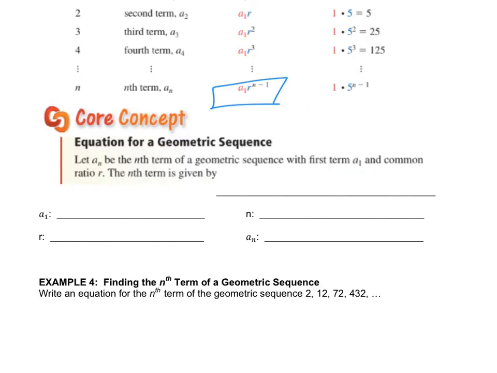So let's rewrite it. It's a sub n equals a sub 1 times r to the n minus 1. And the reason that it has to be n minus 1 is because the first term has an r value of 0. So in order to make that r value cancel out, we have to subtract 1. So a sub 1 stands for the first term.